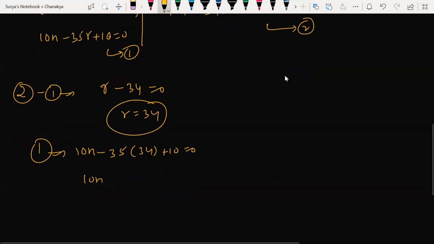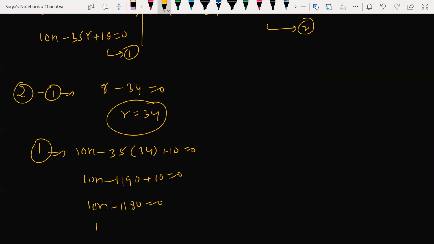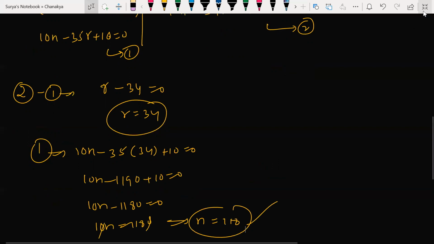So 1190 minus 10, 10n is 1180. So 10n is equal to 1180. The zeros will get cancelled. The n value is 118. This is the answer. Very good. Correct. Next question.